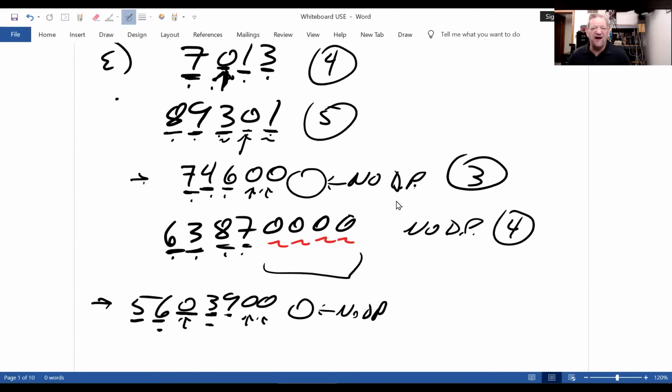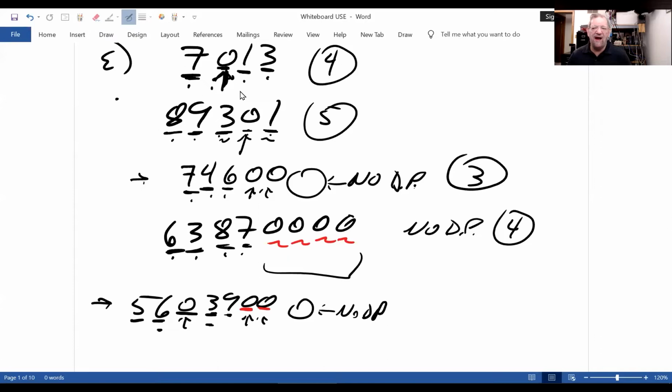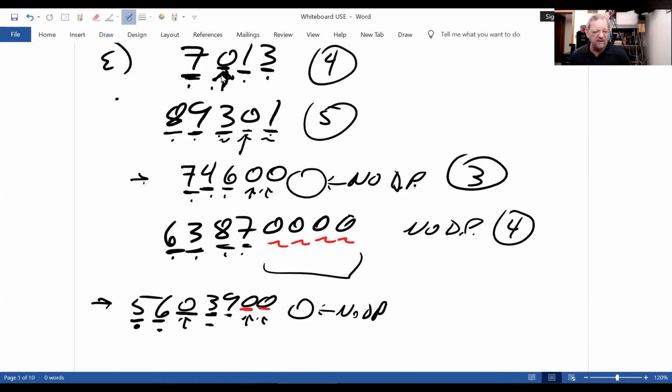Therefore, these are not significant. And now, if I go back, I have 1, 2, this 0 is significant, 3, 4, 5. Therefore, this has 5 significant figures.